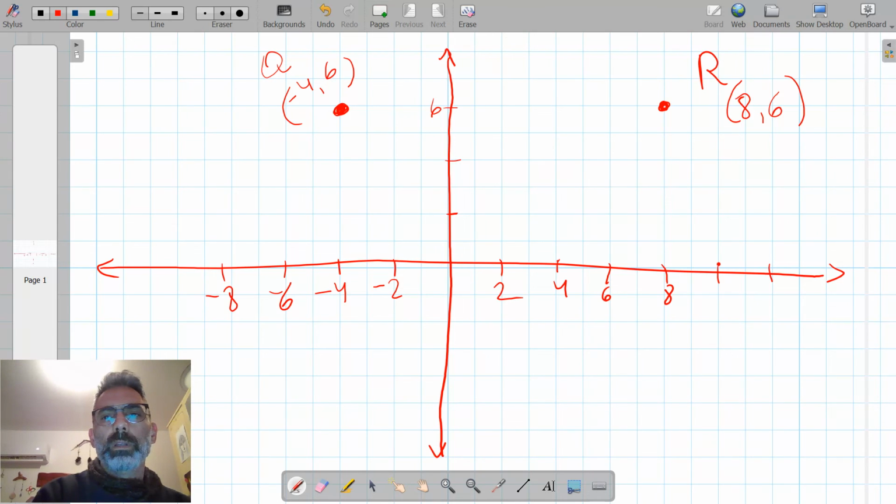So to tell the difference between these two, we combine the distances from the y-axis. The y-axis, this is the x-axis. So the distance from this point to the y-axis is 4 units. And the distance from R to the y-axis is 8. So 4 plus 8 is 12.